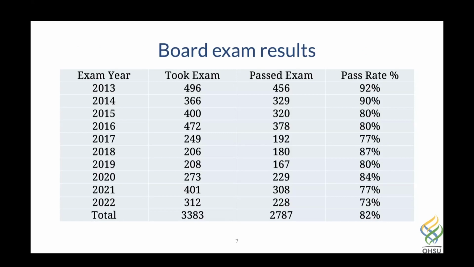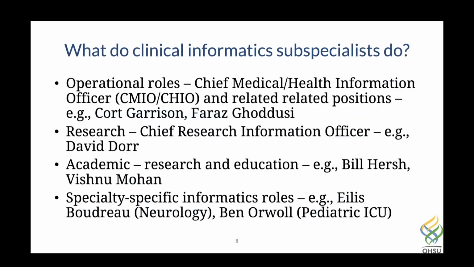And so you see that we now have, through the end of the people who have taken the exam in 2022, 2,787 board certified clinical informatics subspecialists. And the exam is offered by ABPM each year in October, so we'll presumably have another couple hundred, maybe we'll hit 3,000 during the 2023 exam year.